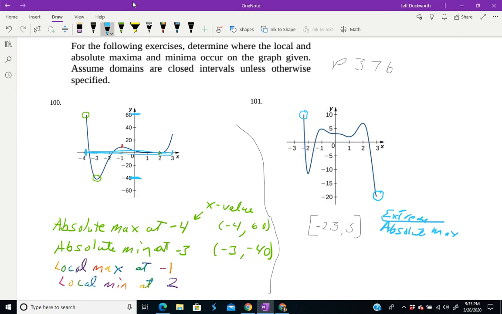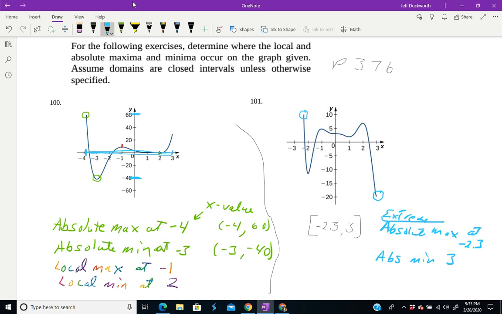So absolute max is at, looks like at the end, so negative 2.3. And absolute min is, we're going to call it at 3, the x value of 3.